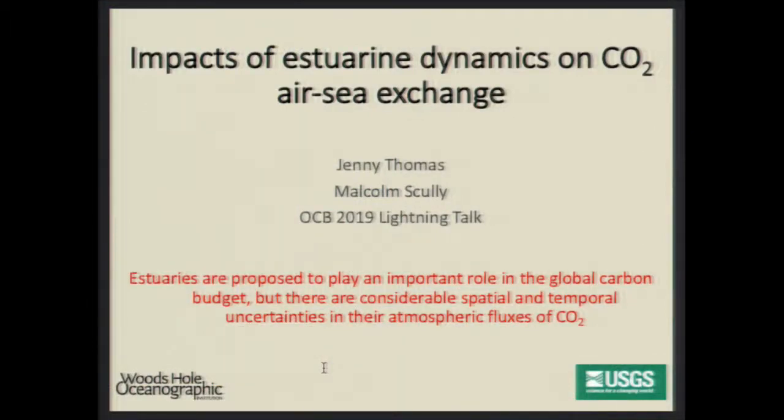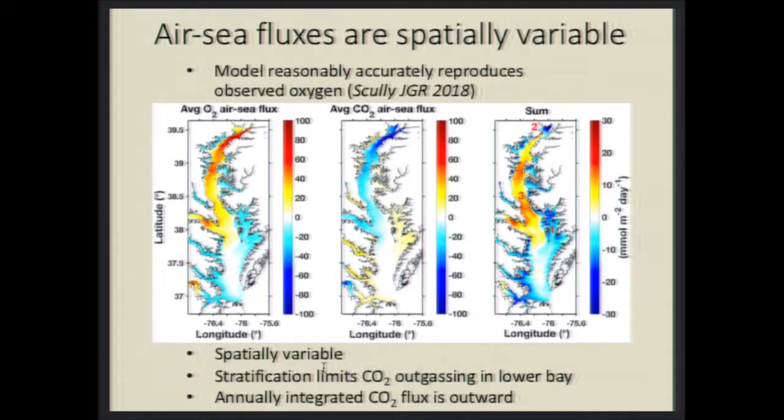Yeah, hi everybody. I'm a postdoc here working with Malcolm Scully, and the reason we're interested in this subject is, as you probably figured out by now, that estuaries are proposed to play an important role in the global carbon budget, but there's still a lot of uncertainties about spatial and temporal variability of CO2 air-sea fluxes. And so we're using a model to look at some of this.